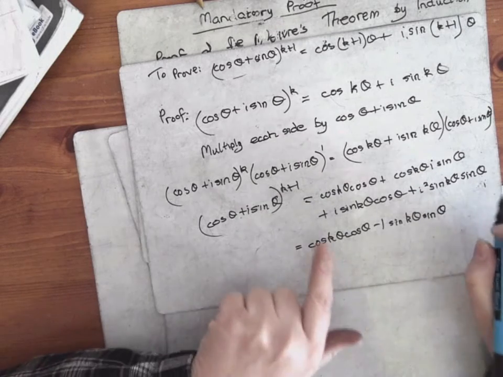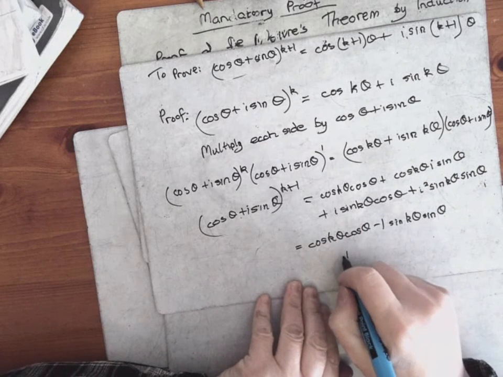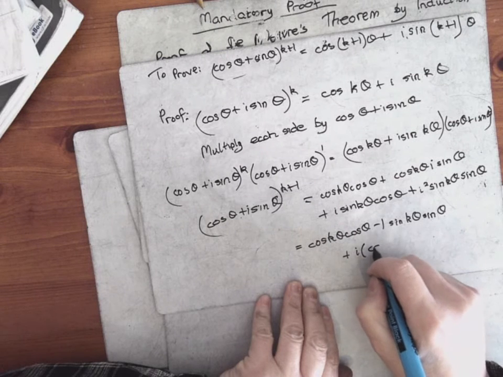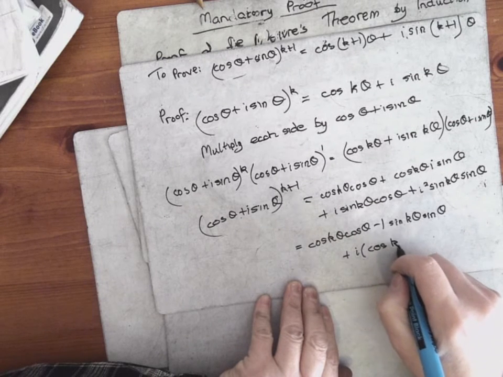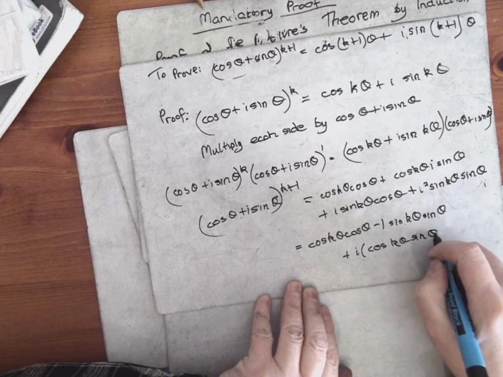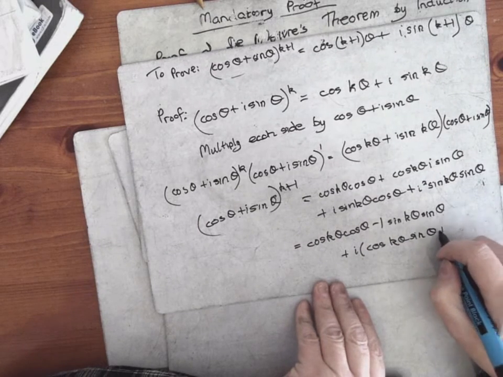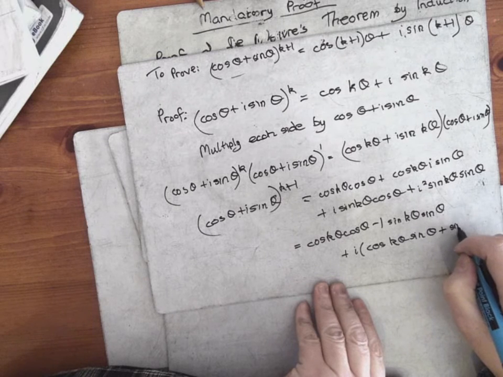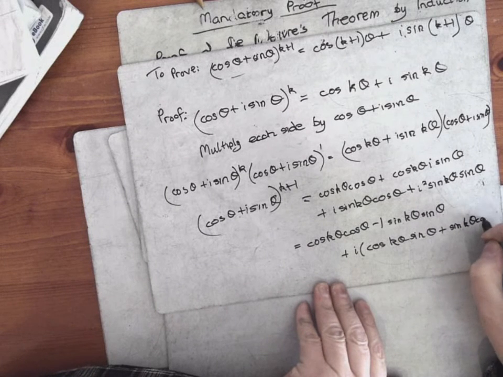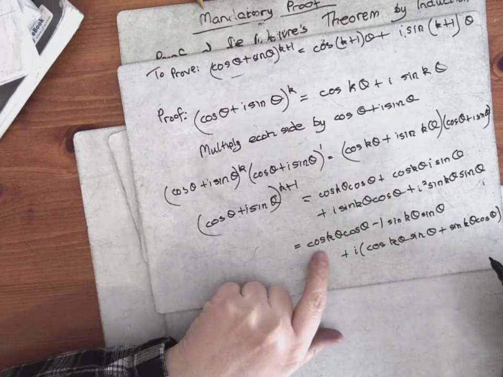Then I see there's an i common to both of these, so I'm going to take the i outside the bracket, plus i times cos k theta sine theta plus sine k theta cos theta.